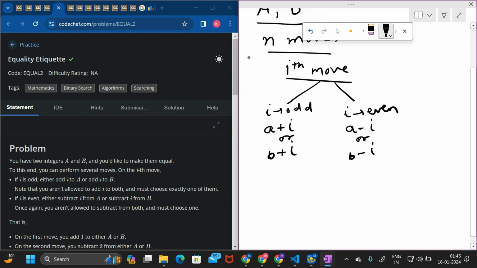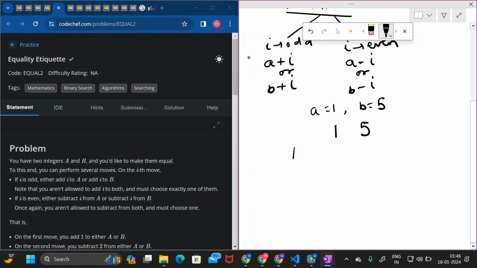So basically, let's say we have A equal to 1 and B equal to 5. In the first move, we have two options: add 1 to 1 or add 1 to 5. So in two cases, we get 2 comma 5 and 1 comma 6.